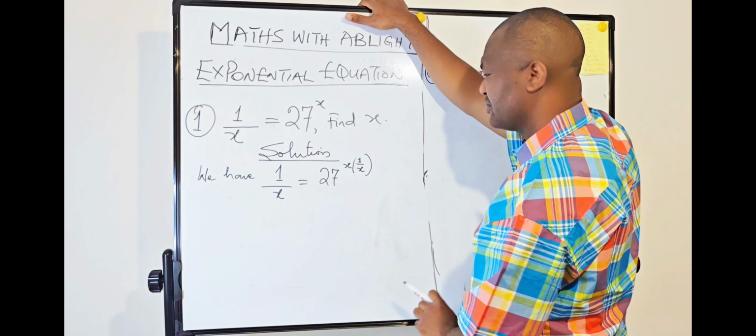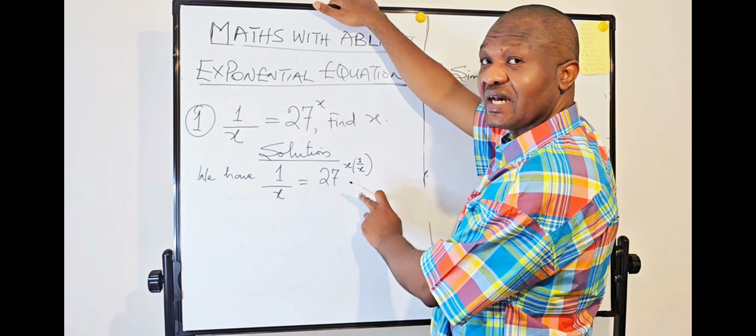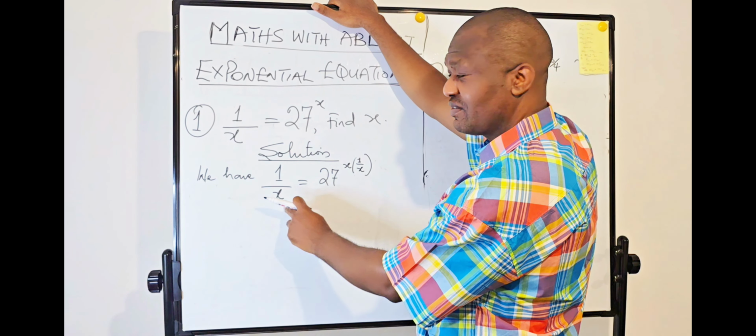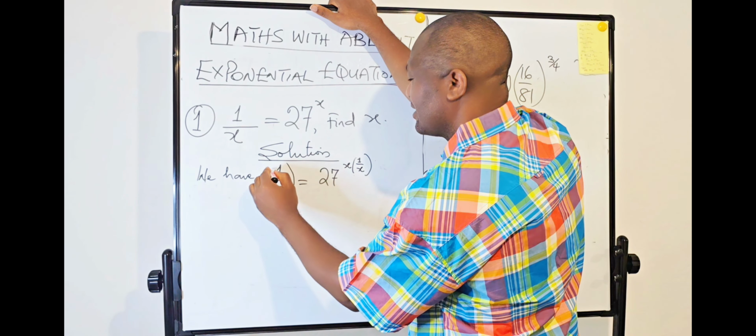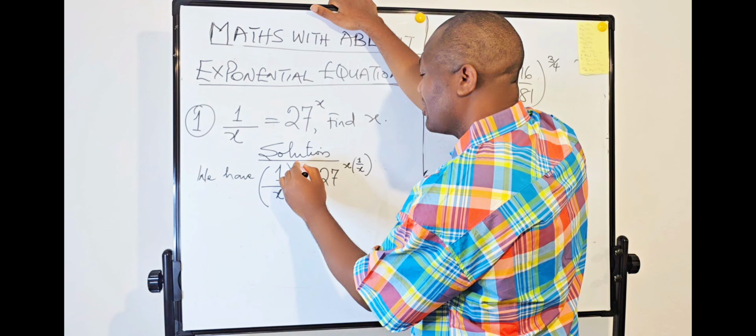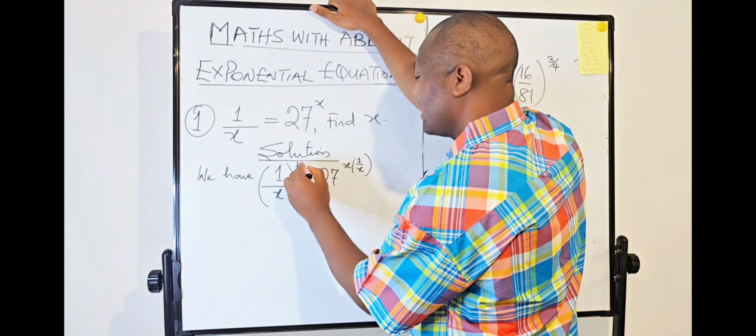Now we continue. If you have done it to the right hand side, do it also to the left hand side. Come here and then raise it to the power of 1 over x.